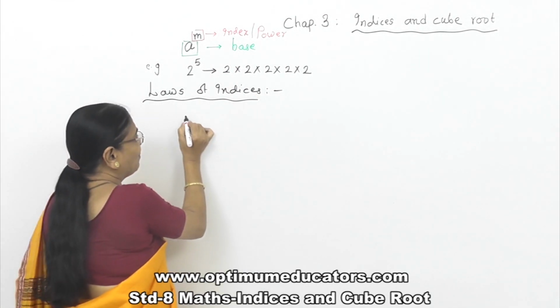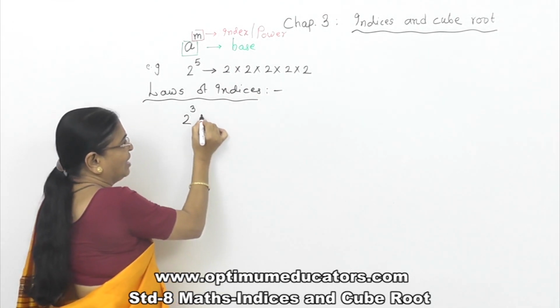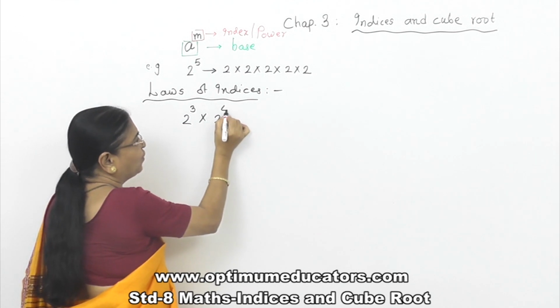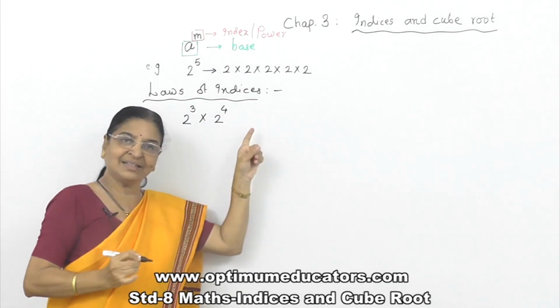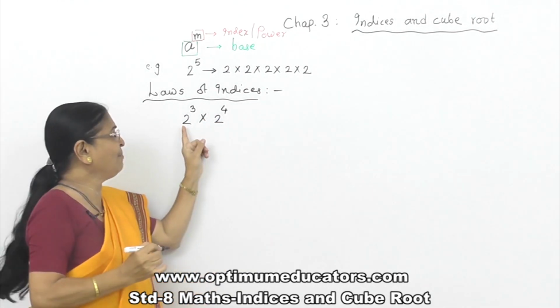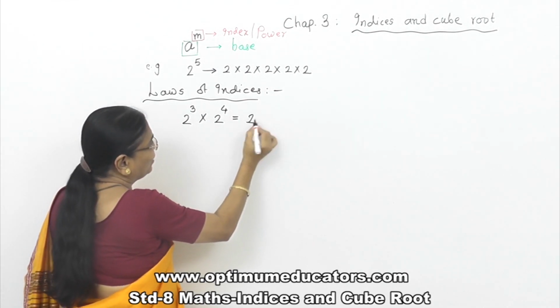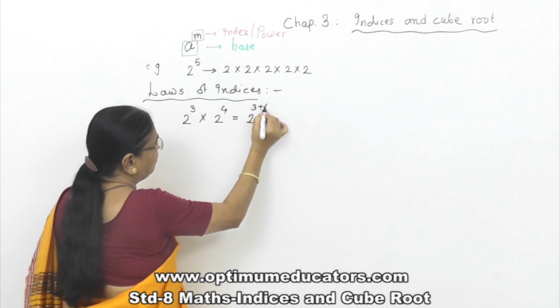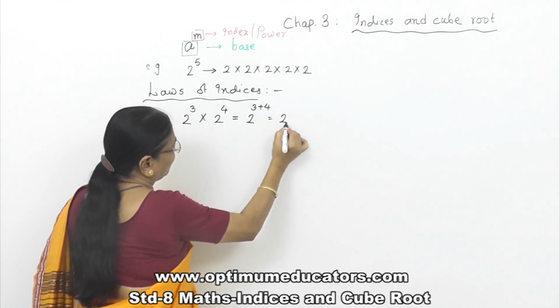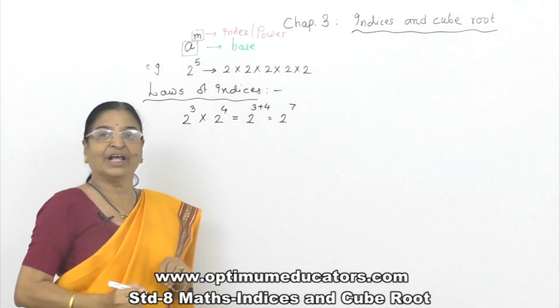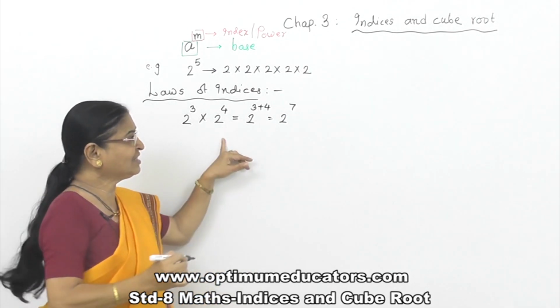That is, suppose 2 raised to 3 into 2 raised to 4. Here index is different, but what is same? Base. And so I can write it as 2 raised to 3 plus 4, and that is of course 2 raised to 7. And which is this law?